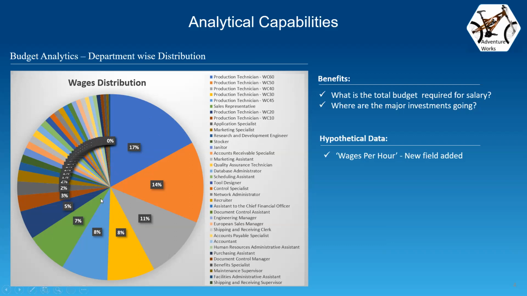Another insight we are getting from this is that it's 0% for shipping, and since management has the aspiration of moving online, maybe they need to see that a huge amount has to be spent in this department. Absolutely.